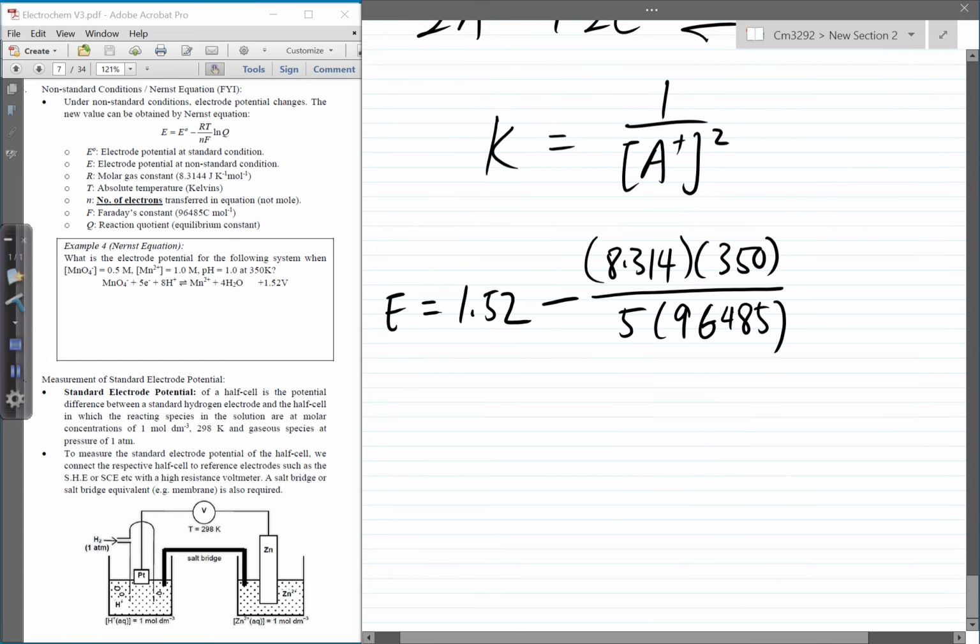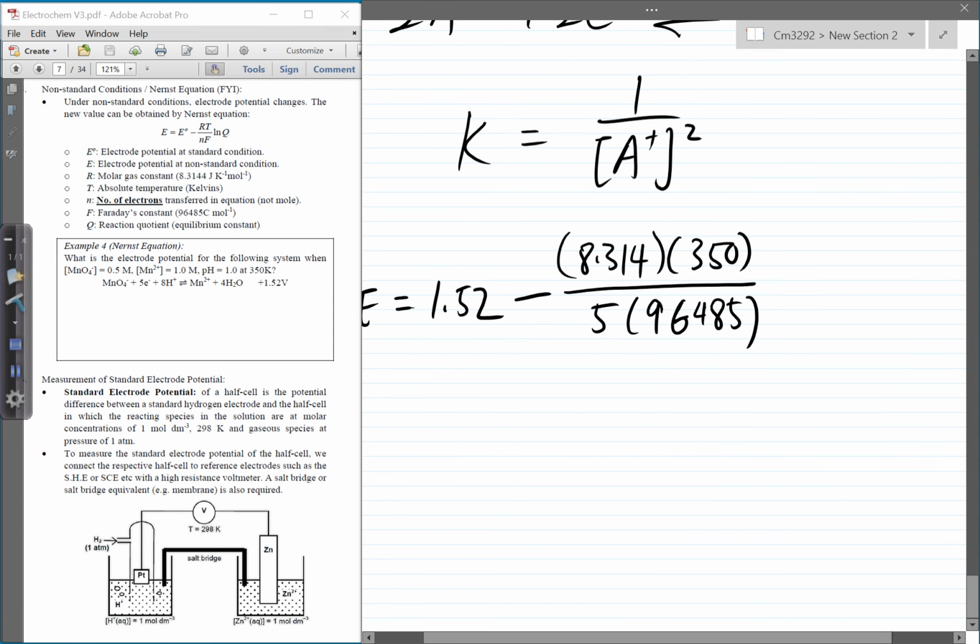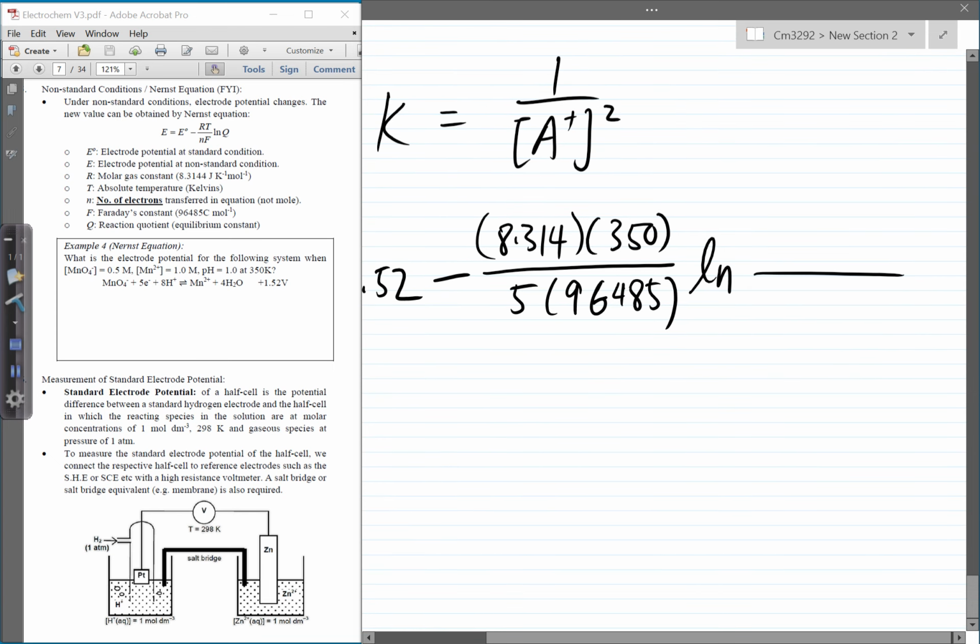And then ln Q. Q is just your equilibrium constant. If you can recall, how do you write the equilibrium constant? You don't include water. You include the Mn2+ concentration over your MnO4- concentration, over your H+ to the power of 8, because the coefficient is 8.